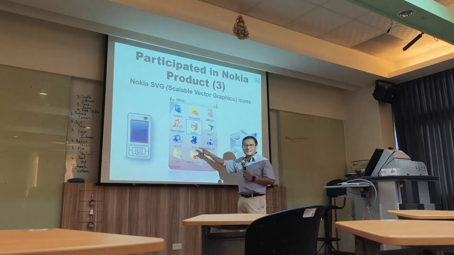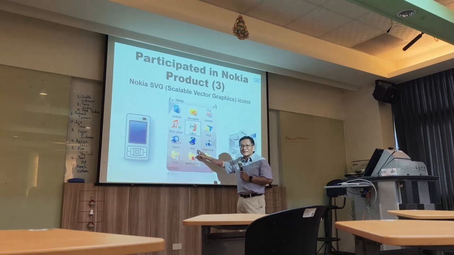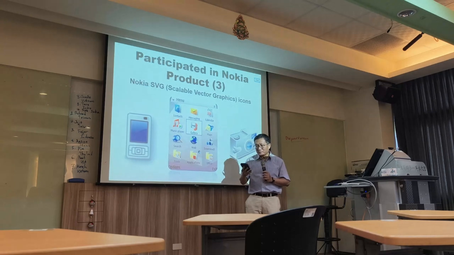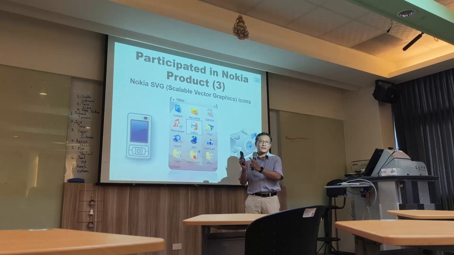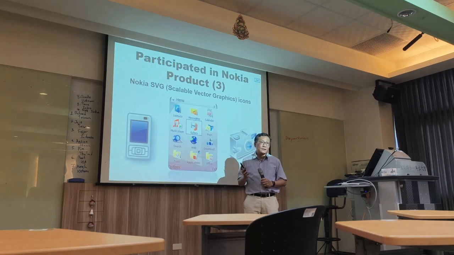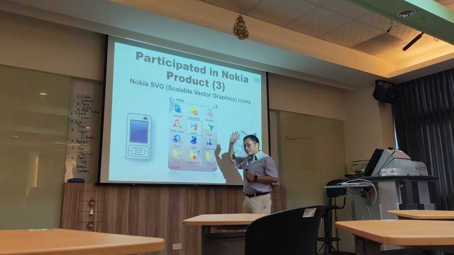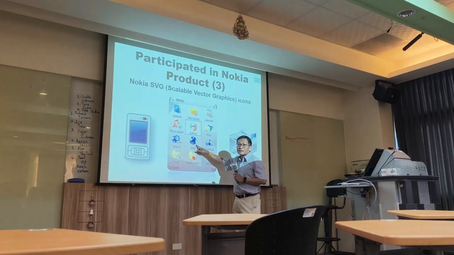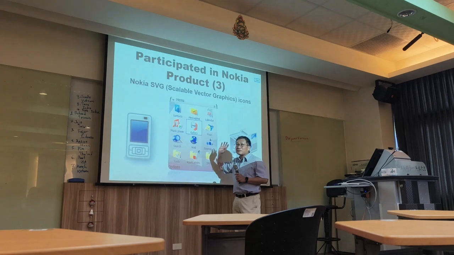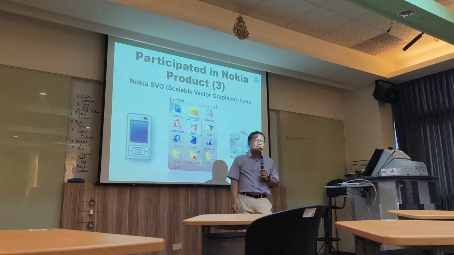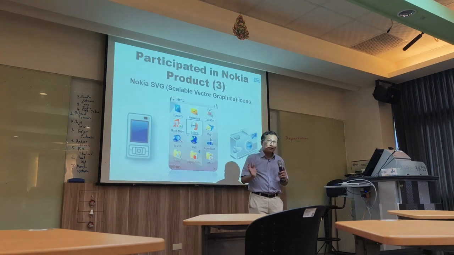They are like animated icons. Today in our phones, I don't think the icons can move, right? At least I checked mine, those icons are not moving. But at that time, those icons could actually move. And how they could move has something to do with this technology called SVG, scalable vector graphics.